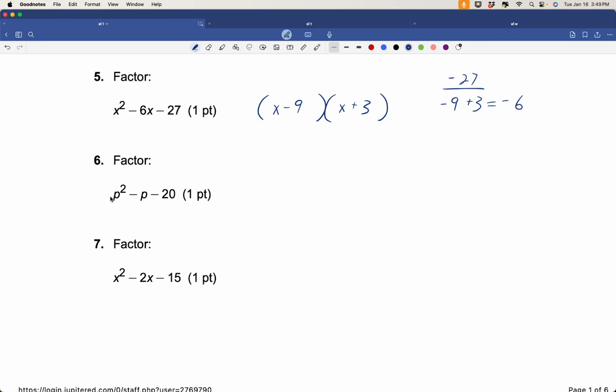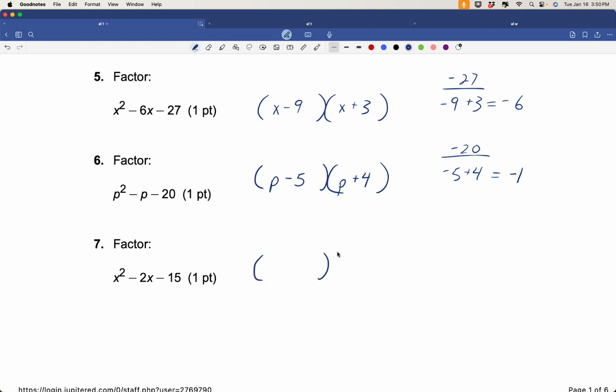Number 6, we have a variable change, so when you write your answer, make sure you put the right variable, and we're looking for factors of negative 20 that would give us a negative 1 when combined. That's going to be negative 5 and positive 4, because that gives us a negative 1. So p minus 5, p plus 4.